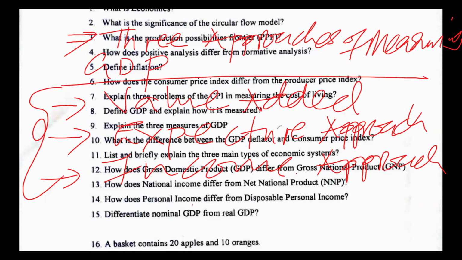Now, on each of these approaches, there are examples that are done and exam questions, and they are very detailed. So we will be looking at them one by one, in detail, not just on stats. Super, super detailed. These are the three measures of GDP that I'm trying to explain to this class, okay?